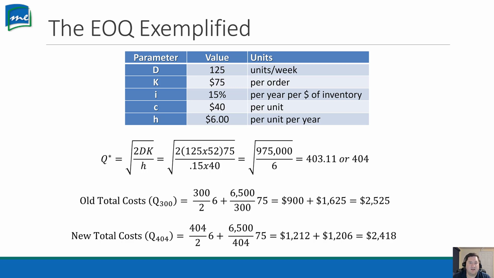And then we multiply that by 75, because that's how much it costs per order to place. Then we divide that by 0.15 for I times 40, which is the per unit value. So 15% of $40 is 6, which is the H.